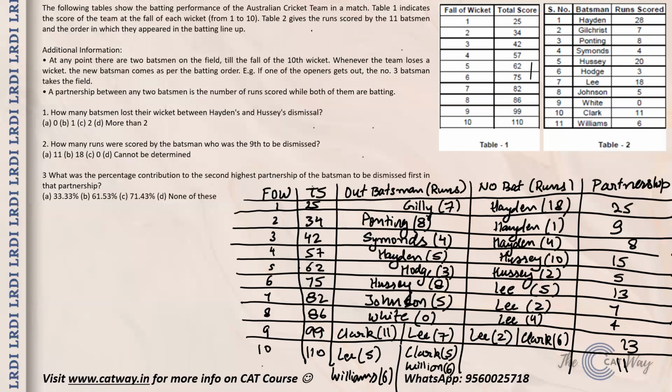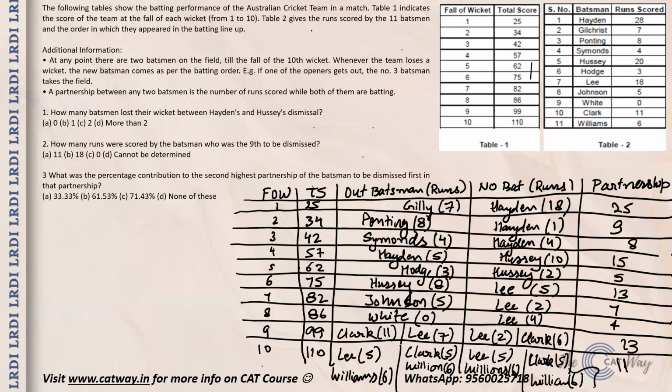And the person remaining not out, if Williams gets out, is that Lee will remain not out after scoring 5 runs, or Williams will remain not out after scoring 6 runs. Or the other possibility is Clark remaining not out at 5 runs. So these are the possible cases that we have.